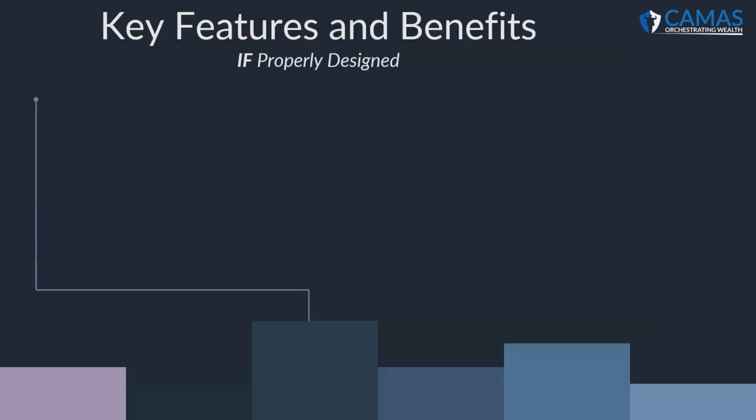If you start looking at the rest of what insurance can do, well, number one, we have an income tax-free death benefit. Now, yes, that can be messed up. There's a few rules that we just don't want to violate. Transfer for value being one of them.